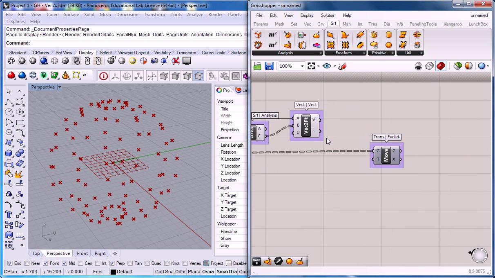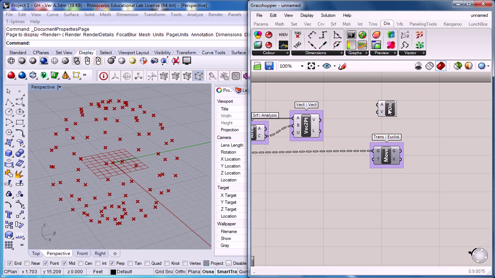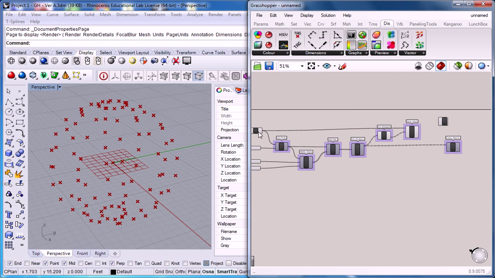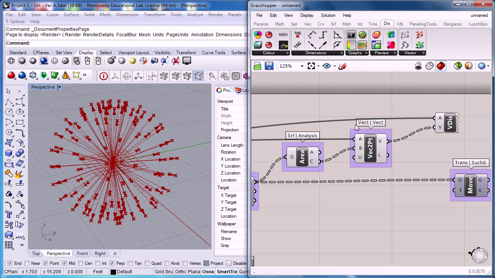So we're going to look at display, and this time under vector, we're going to click on vector display. Anchor point. All right, and it's going to borrow the anchor point, right? And then our vector itself, well, yeah, the vector to preview, which is that.